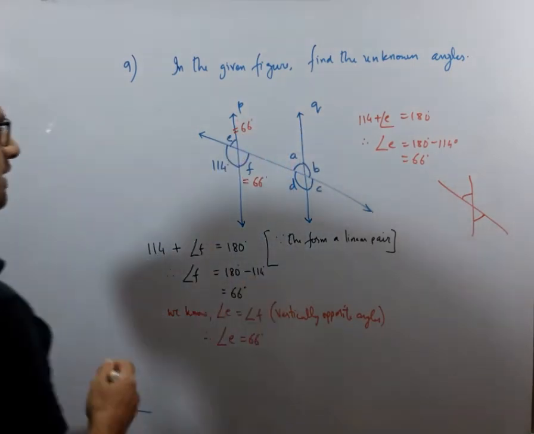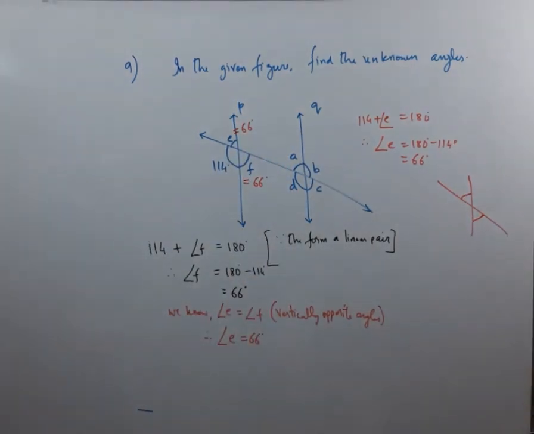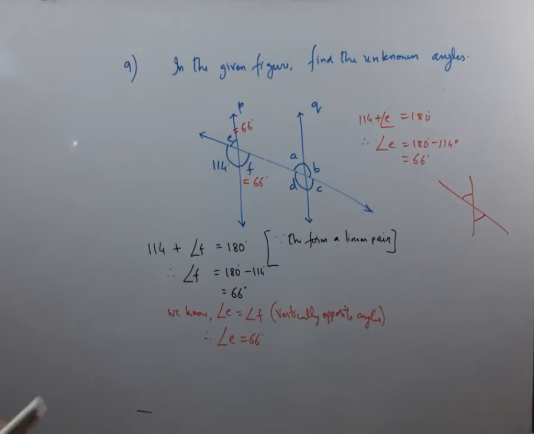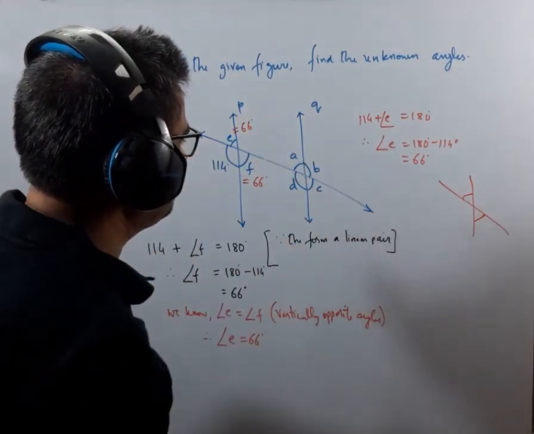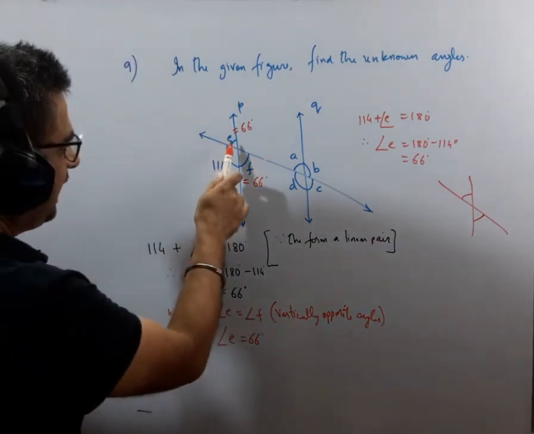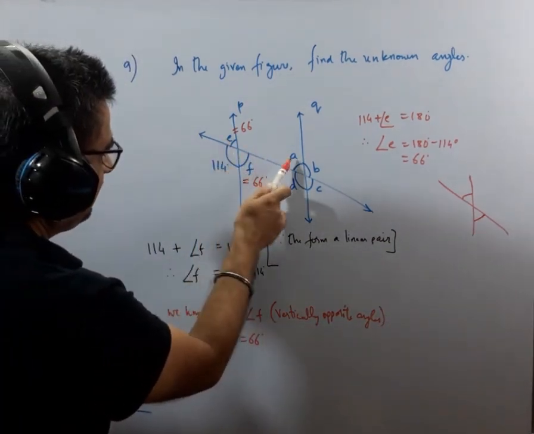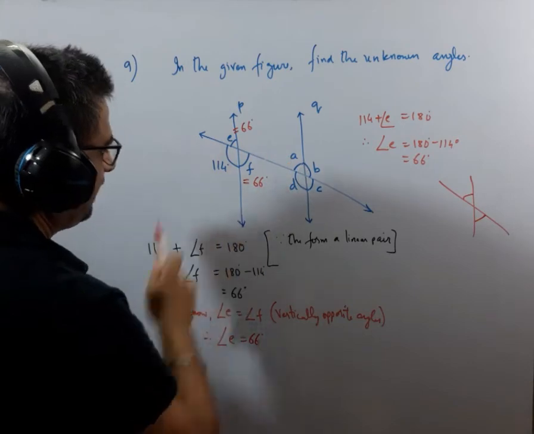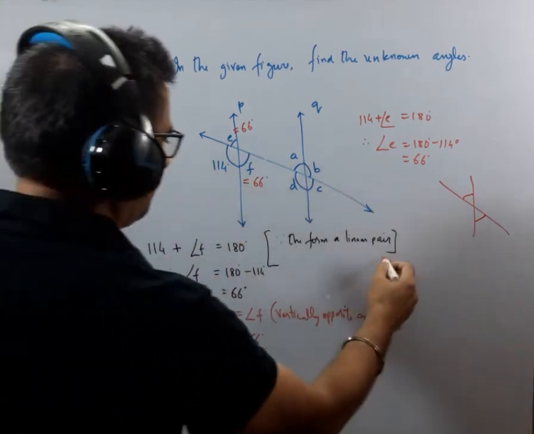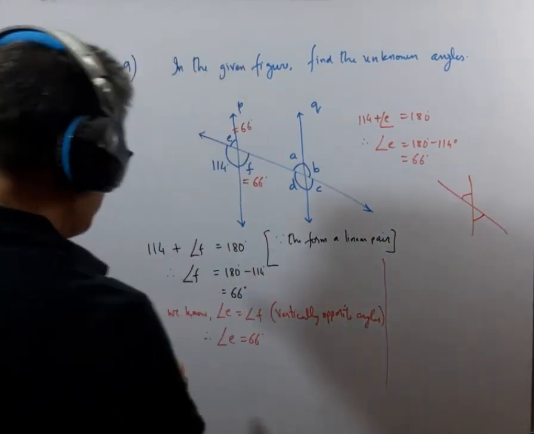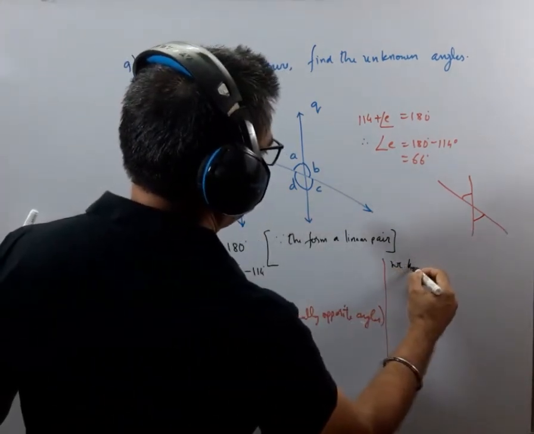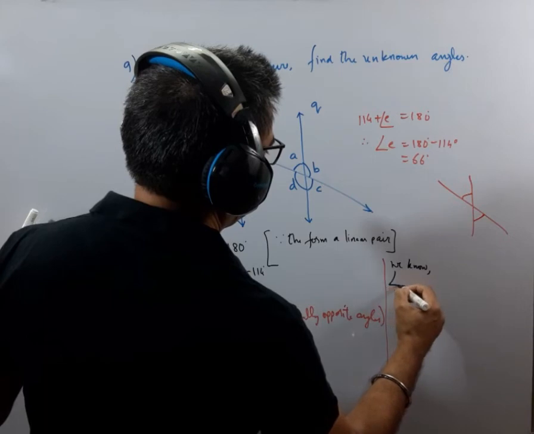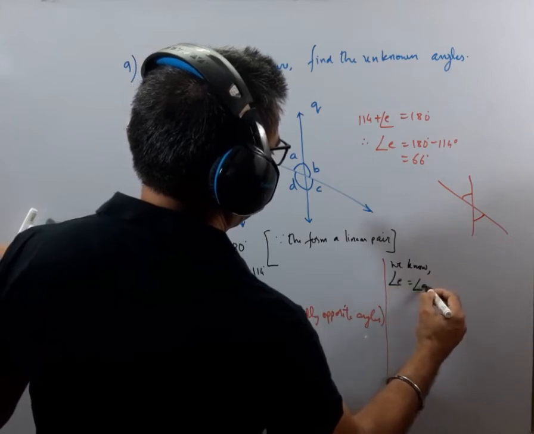Now let's see what else we can do here. Now the concept of lines and angles, wherein we have parallel lines and a transversal, you would see that angle A and angle E are equal. Angle E and angle A are equal. So I'm continuing here. Angle E is equal to angle A. And why is that?